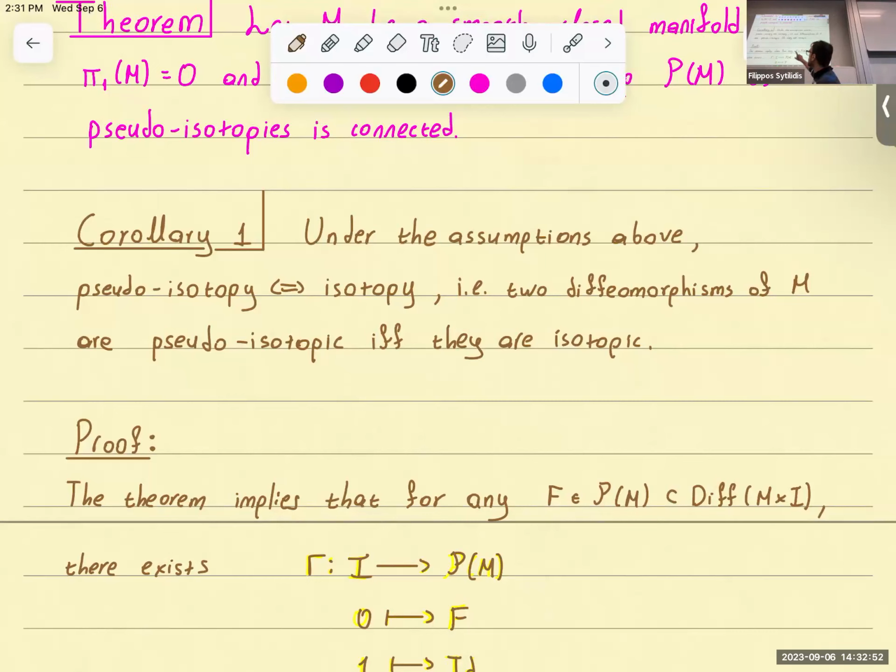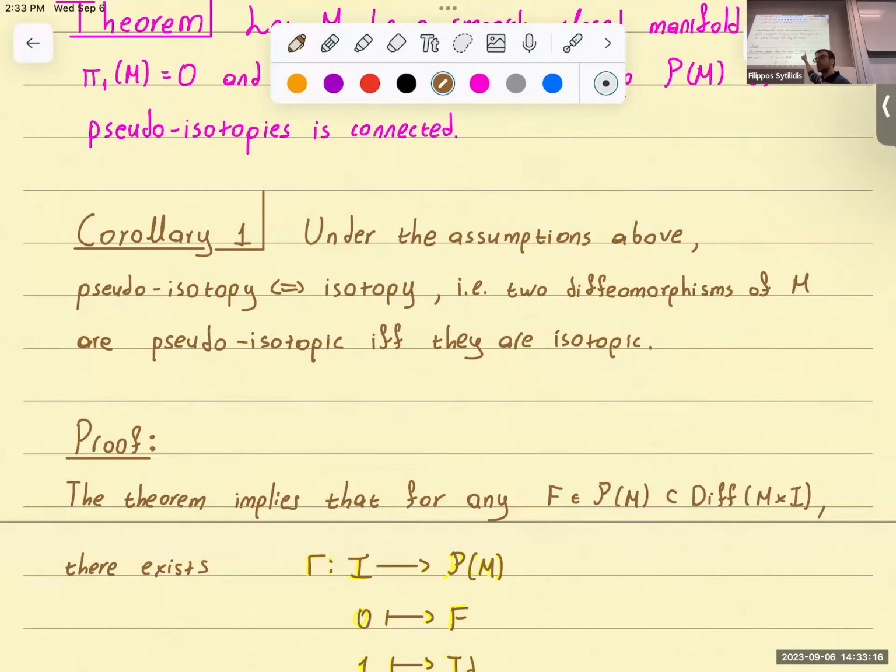It is true that if two diffeomorphisms are isotopic, then they are pseudo-isotopic. So isotopy always implies pseudo-isotopy. That's always true because it's a stronger notion. I always get my English wrong for that. But yes, a stronger notion. Exactly.